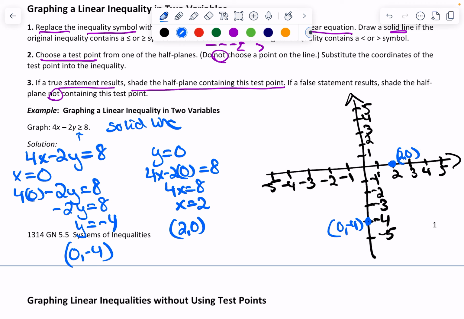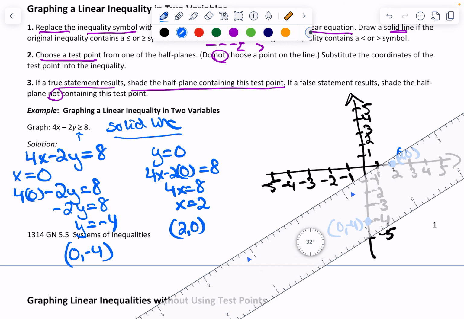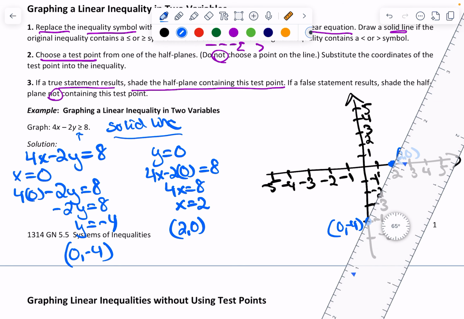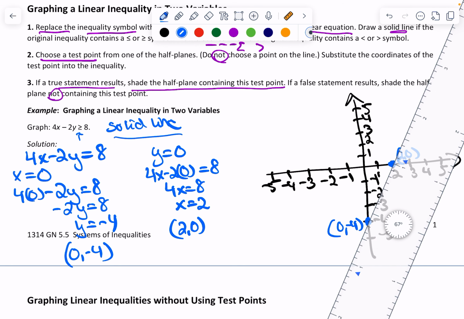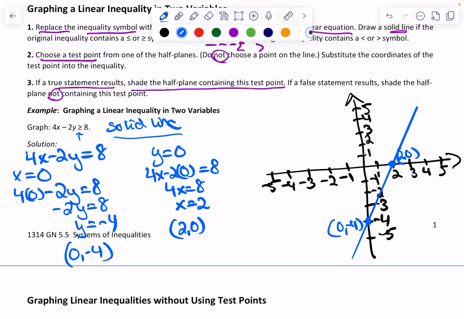And again, it is a solid line. Let me see if I can get the ruler to work. Here we go. It makes it a little bit easier. So we're graphing a solid line here that keeps going and going.